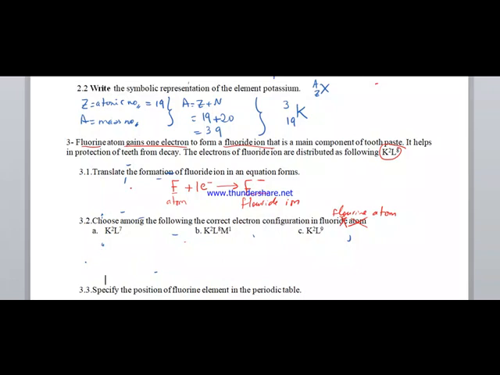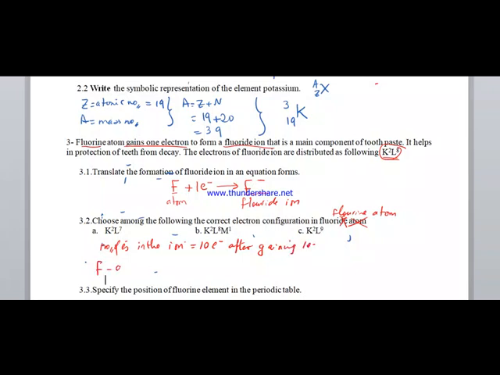Fluorine gains one electron to become a fluoride ion, and as we know, the fluoride ion has the electron configuration K2L8. The number of electrons in the fluoride ion is equal to 10 after gaining 1 electron.